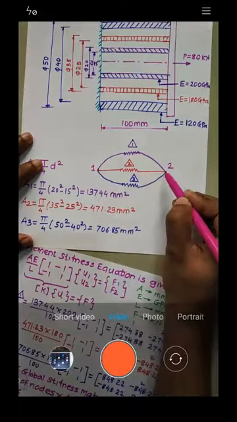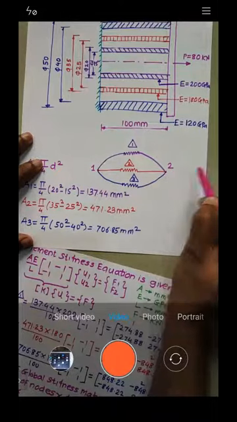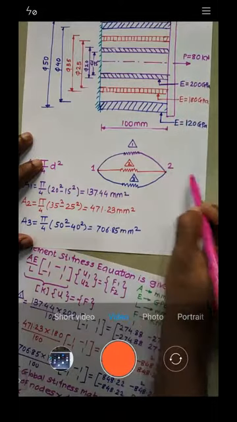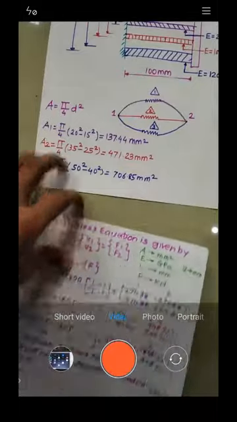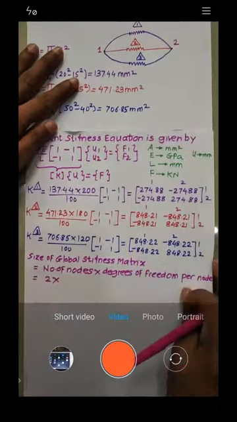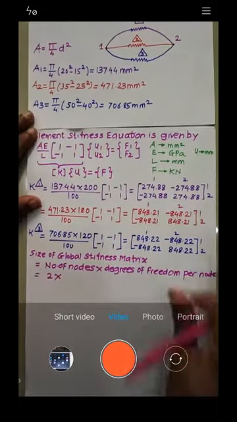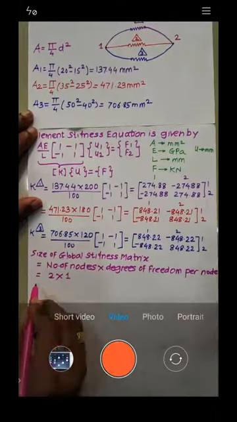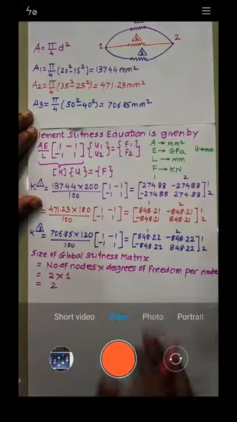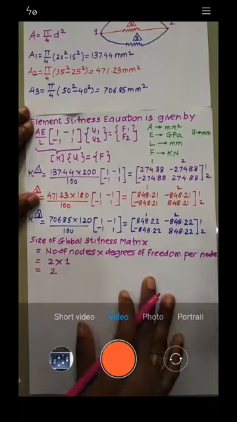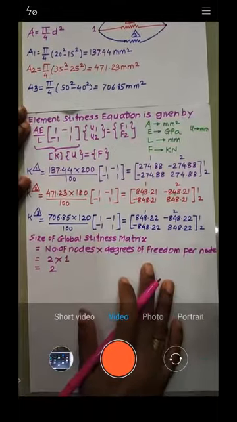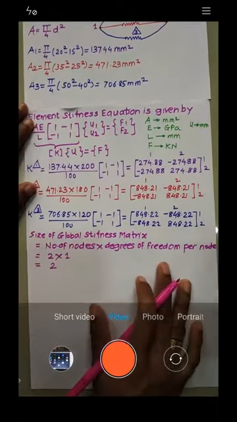So obviously node 2 will move only in x direction because you are applying the force in x direction. So each node has only one direction in which it can move. I will write this as 1, and this I will get as 2. So the size of the global stiffness matrix will be 2 by 2.